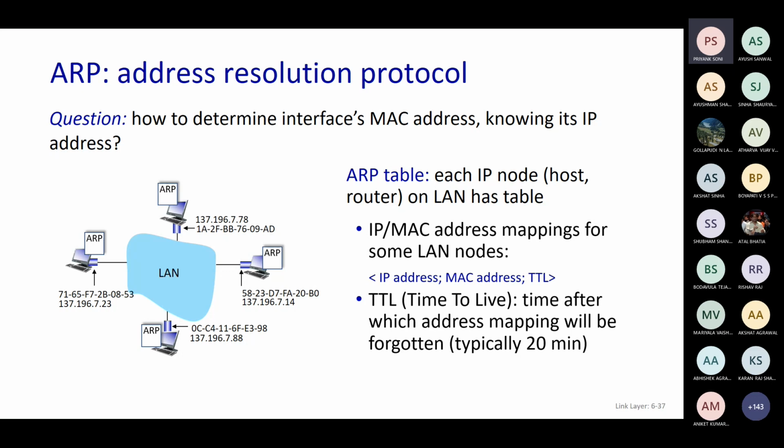In that case, your table will become too long, and the search time is also going to increase, right? So that is why we have this time to live field, which tells that after the counter becomes 0, or the threshold is reached, the address mapping will be forgotten.